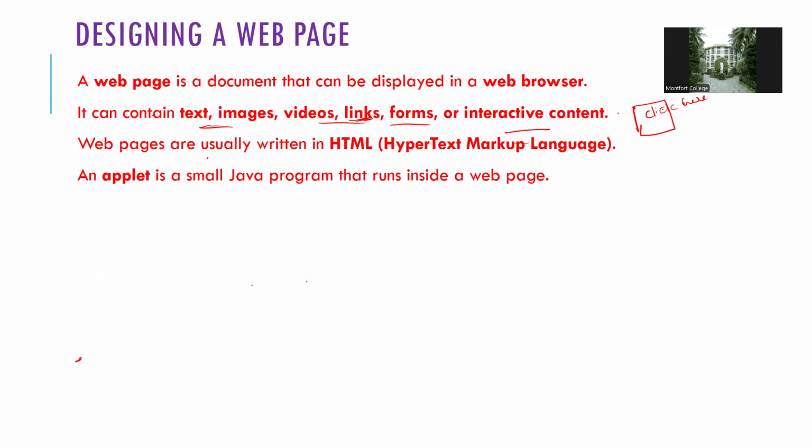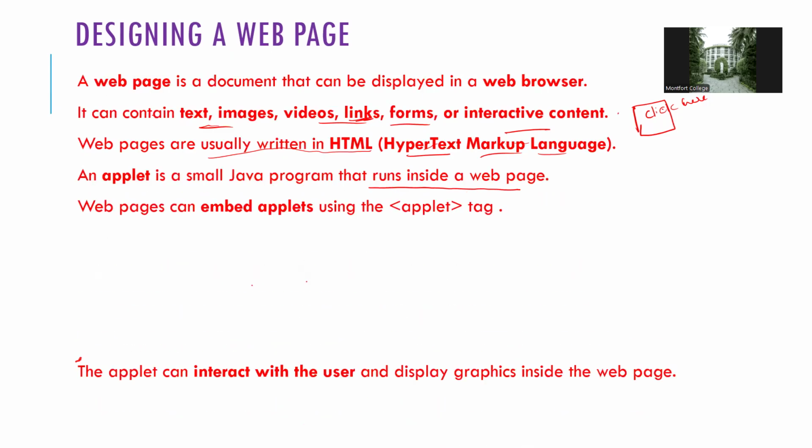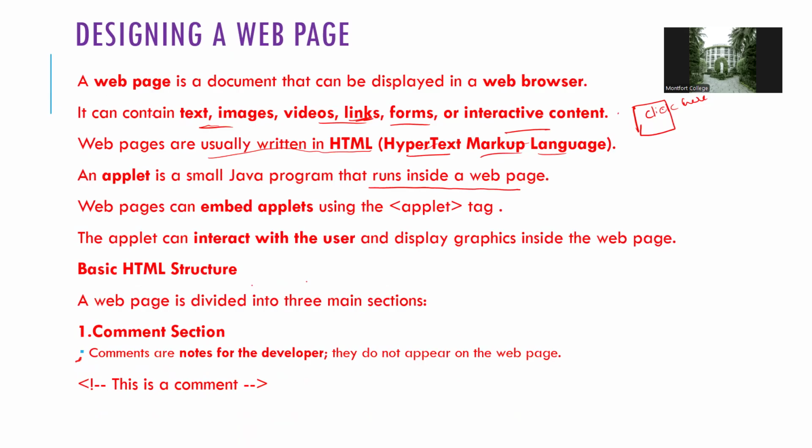Okay, so web pages are usually written in HTML, hypertext markup language, and an applet is a small Java program that runs inside a web page. Now, web pages can embed applets using the applet tag that we have seen in the previous example.